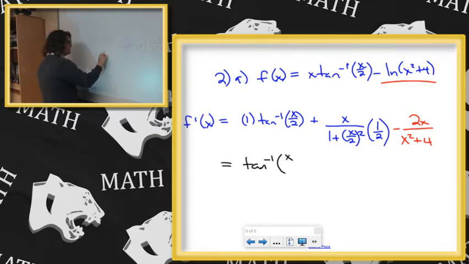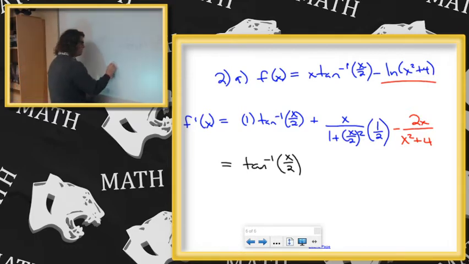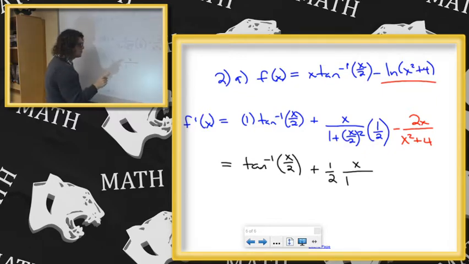This part doesn't look like anything will happen to it. Inverse tan of x over 2. There's no other inverse trig function, so it's not looking promising. In this part, though, it's the 1/2 that's there, and then x over 1 plus x squared over 4.